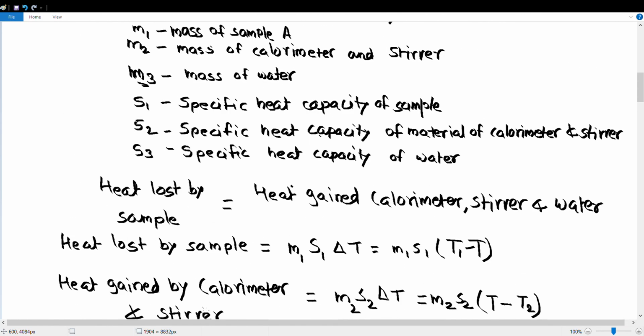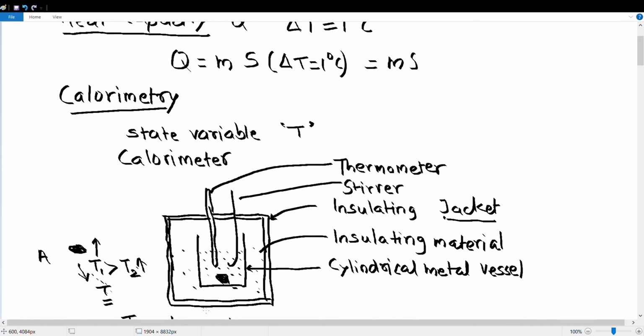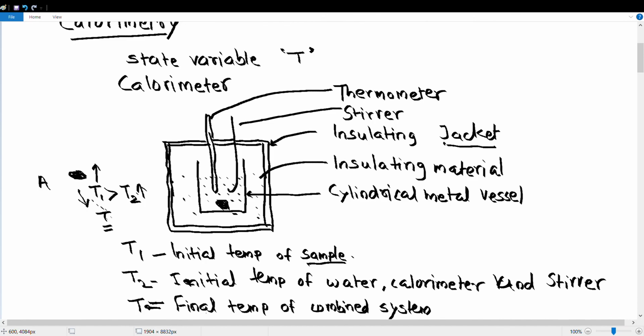Now just recall what we have seen. We started with the heat capacity. That heat capacity is nothing but the heat which is gained or lost to change the temperature through 1 degree Celsius. And then we have seen calorimetry. In this calorimetry, we measure the state variables, and there is an instrument which we call calorimeter, and with the help of this calorimeter we can calculate the specific heat capacity.